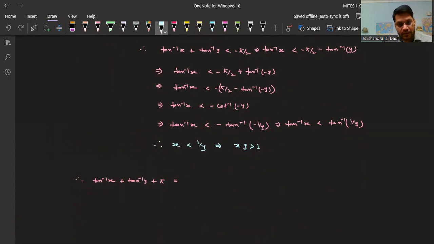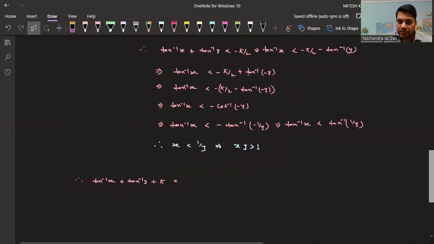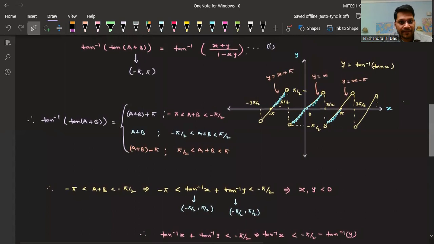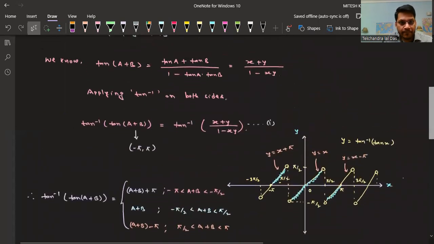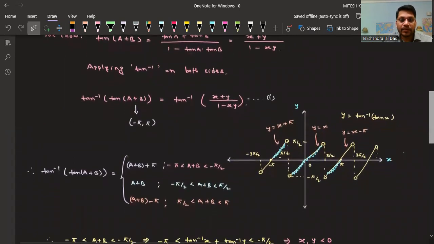And you know, this is the branch of tan inverse of x plus y by 1 minus xy.